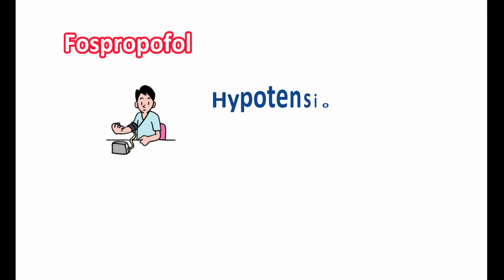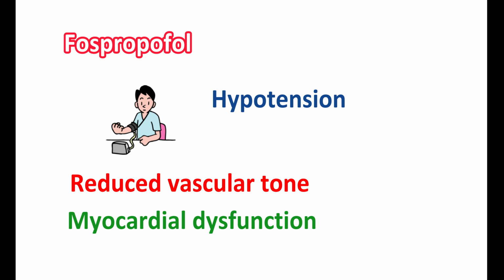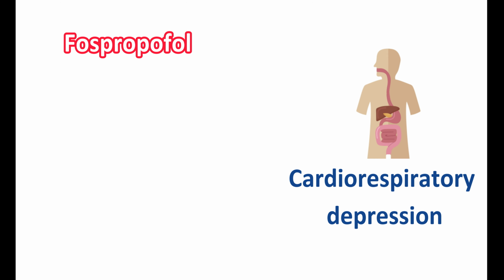Fospropofol may produce hypotension. Patients with reduced vascular tone, myocardial dysfunction, or reduced intravascular volume may have an increased risk. This medication can cause cardiorespiratory depression. In case of overdose, it should be immediately discontinued, and respiratory depression may need either manual or mechanical ventilation.